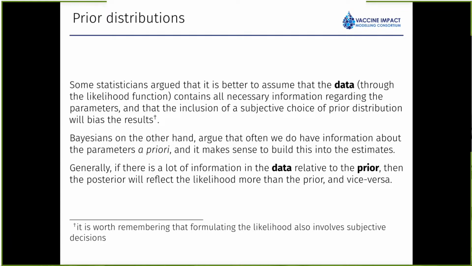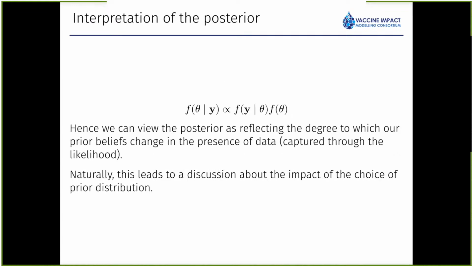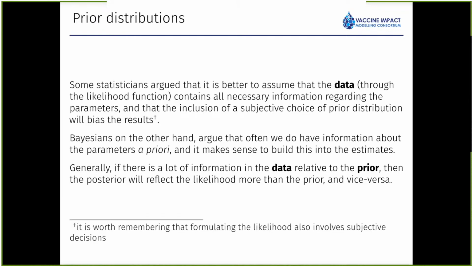Yeah? You make it uniform over a very large range, and effectively that means that your prior will have very little weight, and your posterior will look very much like the likelihood. Okay? So you don't just have to use Bayesian methods if you have an informative prior. That's not a problem.